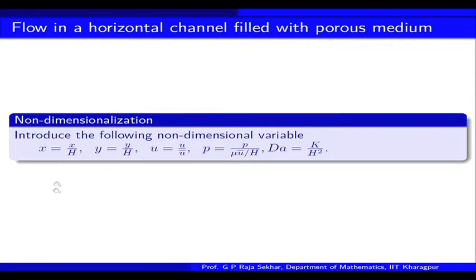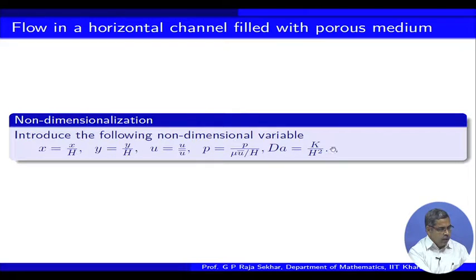Now, let us introduce non-dimensionalization. Since we have only one length scale involved, that is the spacing between the plates, x and y both are normalized by h, and then this is some characteristic velocity. So, u bar in this case is the mean velocity, and the pressure. The corresponding non-dimensionalization has already been seen in the case of clear flow. So, one parameter that is additional here is not seen yet.